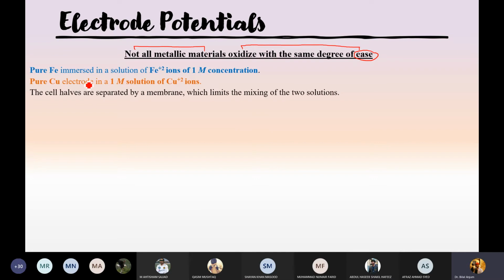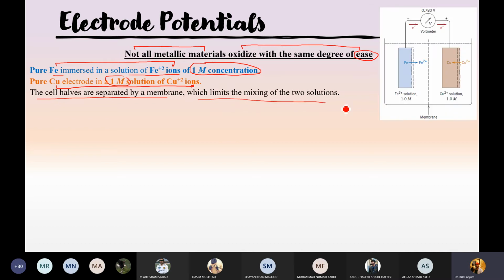For instance, if you have pure iron which is immersed in its own ions having 1 molar concentration. Forget about the concentration at the moment, but just imagine iron being immersed in its own ions. Similarly, a copper electrode immersed in its own ions of 1 molarity, both immersed in their own respective ions, and the cells have been separated by a membrane which limits the mixing of two solutions.